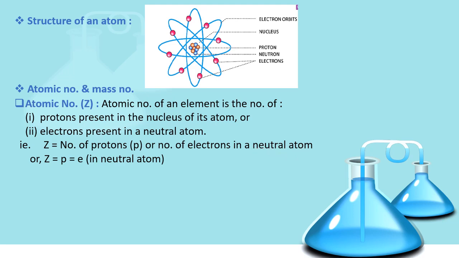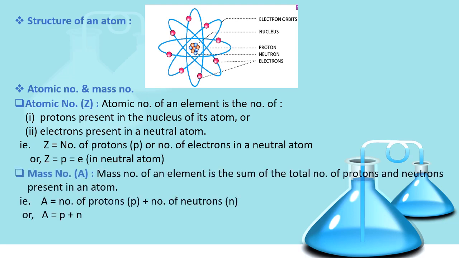Let us see the mass number. Mass number of an element is the sum of the total number of protons and the neutrons present in an atom. That means if we add the number of protons and the number of neutrons, we will get the mass number, and mass number is represented by the letter capital A. A is equal to small p plus small n, where small p represents the number of protons and small n represents the number of neutrons.